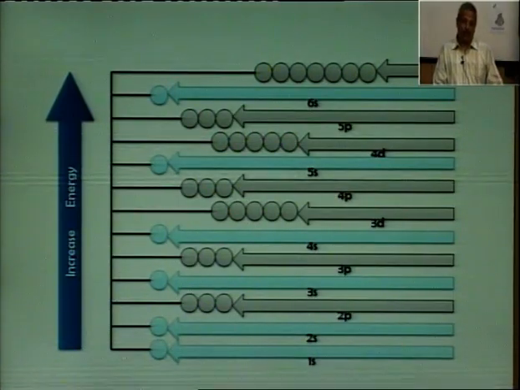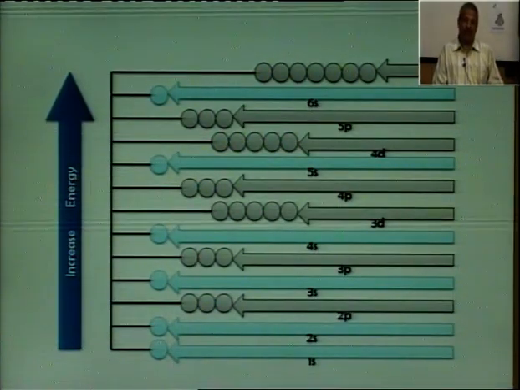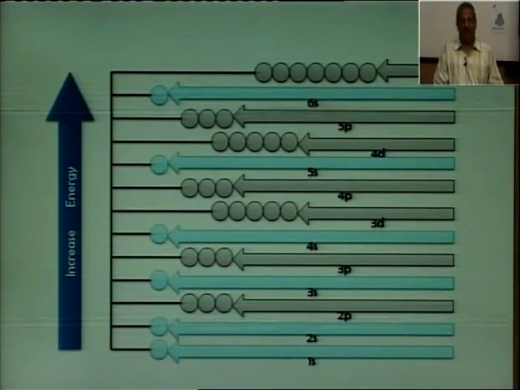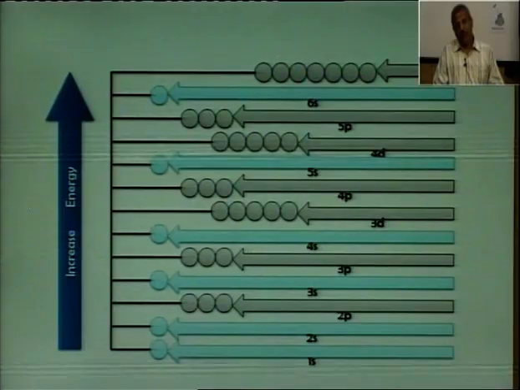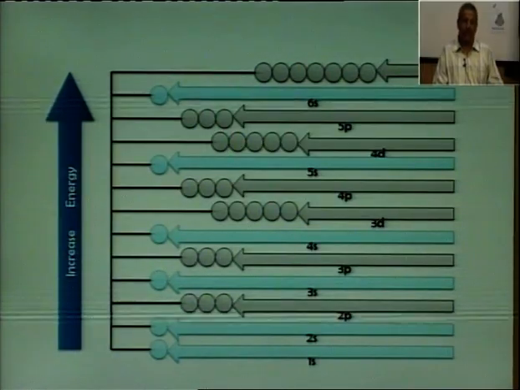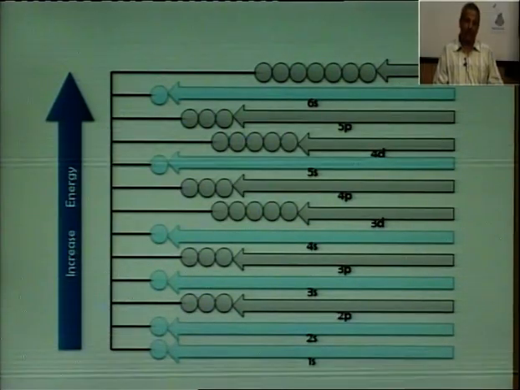So the quantum numbers explain the exact location and energy of the electron in an atom, and they explain the structure of the atom around the nucleus. So that's all. Okay, thanks.